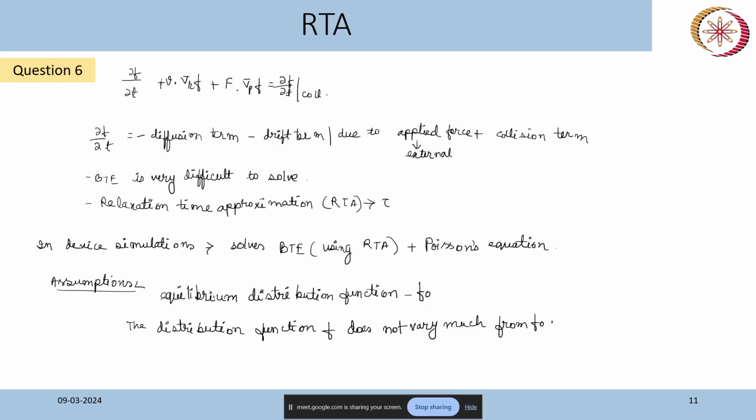It still holds the shape of the equilibrium distribution function f naught. That is how the Boltzmann transport equation is solved. It is not used if this condition is not true.